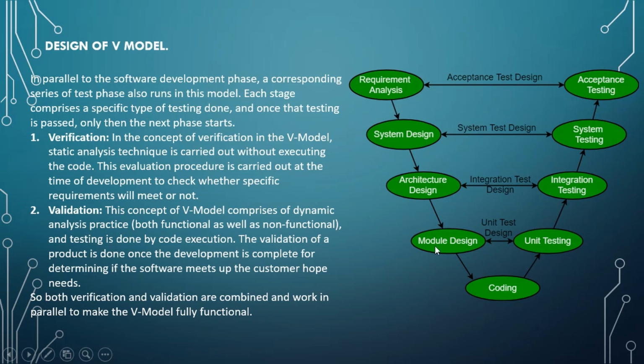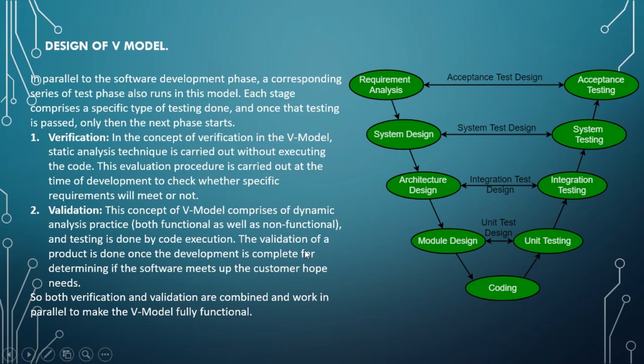So let's see what verification and validation are. In the V model, verification is a static analysis technique carried out without executing the code. This evaluation procedure is carried out at the time of development to check whether specific requirements will be met or not. Validation, in the V model, comprises dynamic analysis practice, and testing is done by code execution.